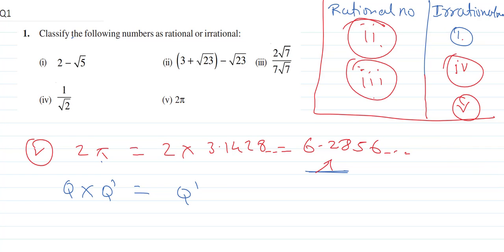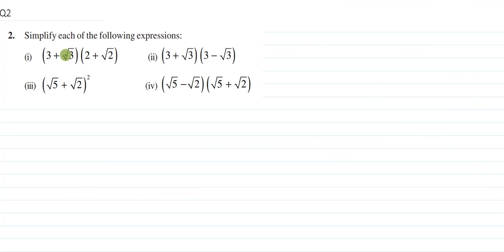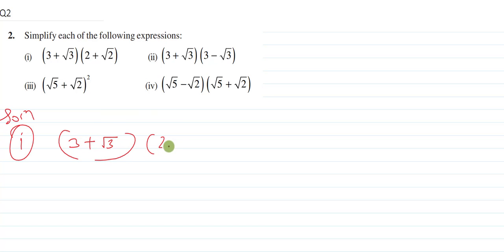Now moving towards the second question. Here you can see they're asking us to simplify each of the following expressions. How to express? That's the solution. First, write it again: 3 plus root 3 into 2 plus root 2. Now just multiply. How to multiply?